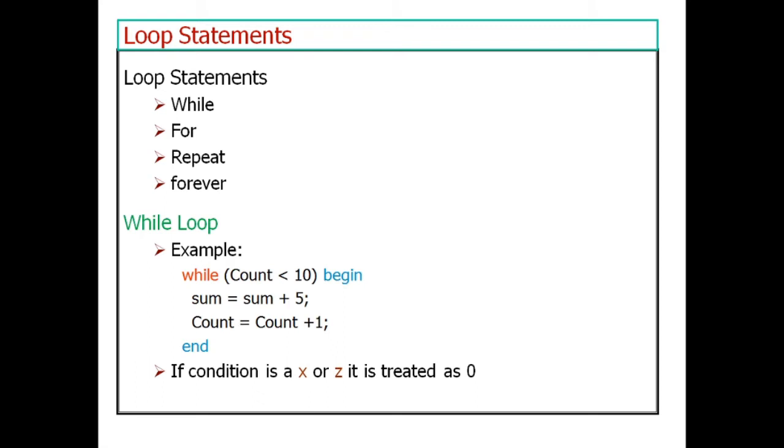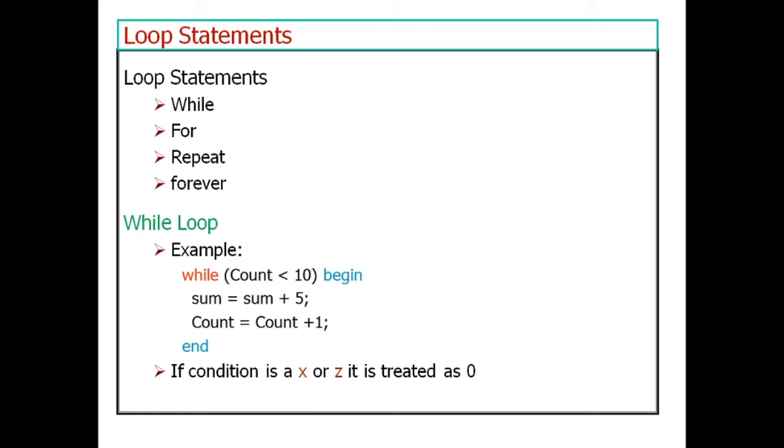Without loop statements there would hardly be any programming language. In Verilog HDL also we use 4 types of loops: while loop, for loop, repeat and forever loops. These must appear only inside your always or initial blocks.